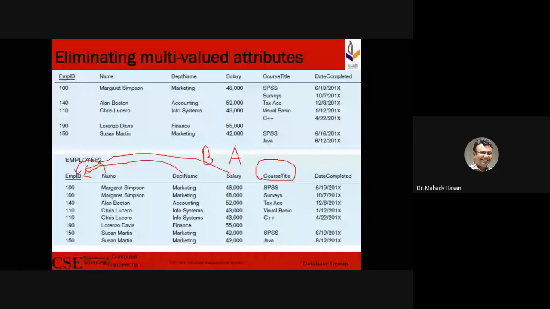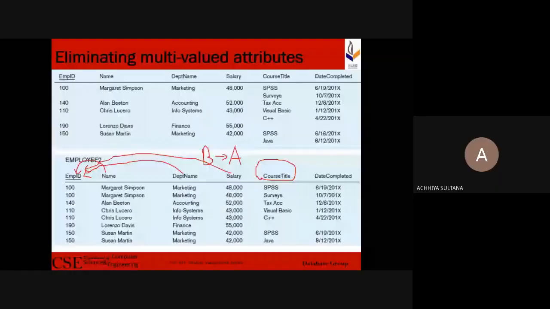Let's say A is dependent on B. That means B can identify A. So in this relation, who is dependent and who is the determinant?